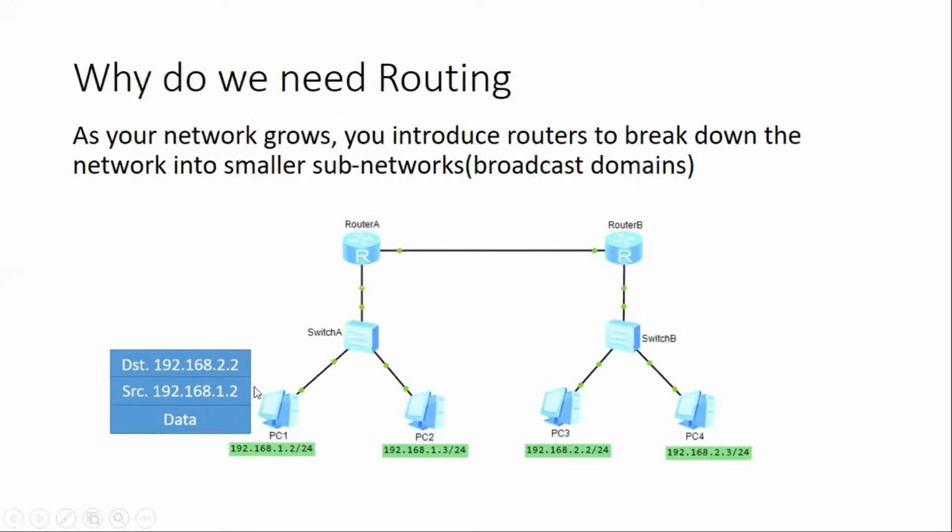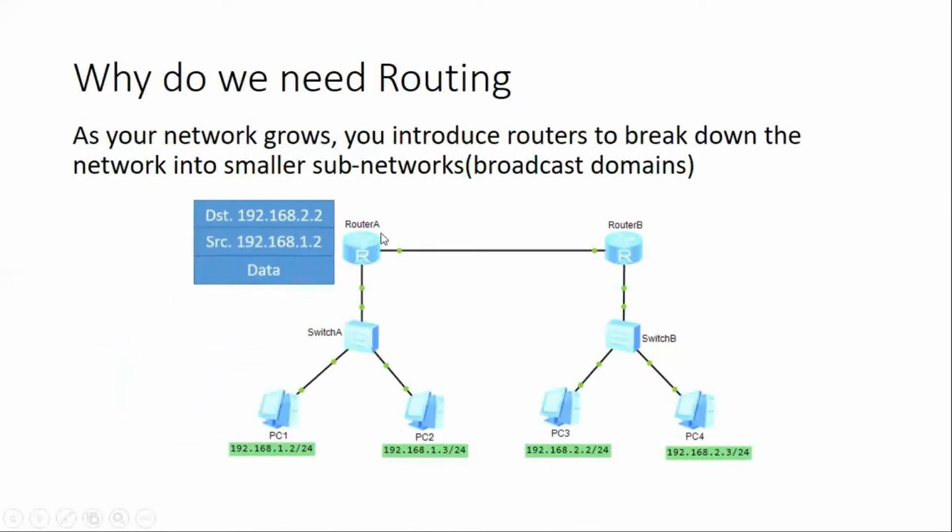When the PC sees that the destination IP address is not within the network that it is in, it forwards that data to the default gateway. The default gateway is router A.